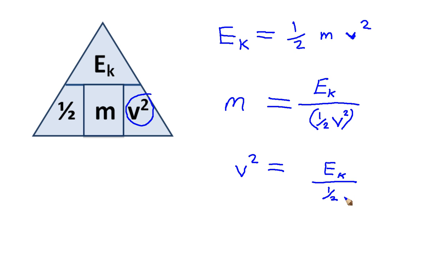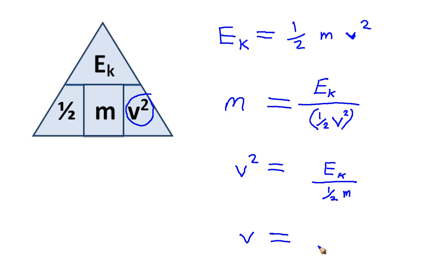Now we've still got this pesky squared thing here. So to get rid of the squared, we've got to square root both sides. The opposite of squaring is doing the square root. So I square root this side, and that just gives me v.